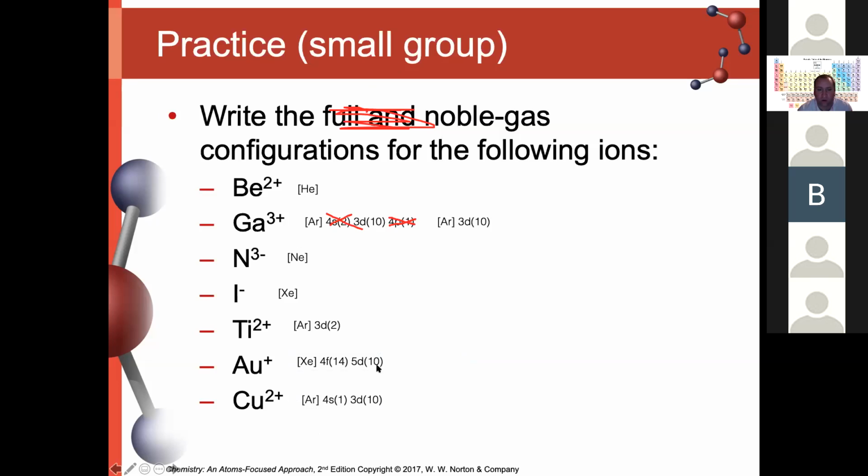So where do those electrons come from? A 4s. Well, one of them does. So I lose one of these in the 4s, but that only gives me 1. And so then I'm going to need to take 1 out of the 3d as well. And so the configuration here would be argon 3d9.